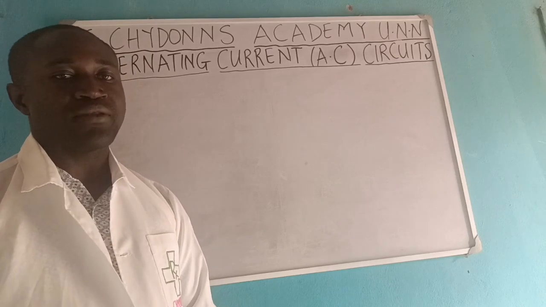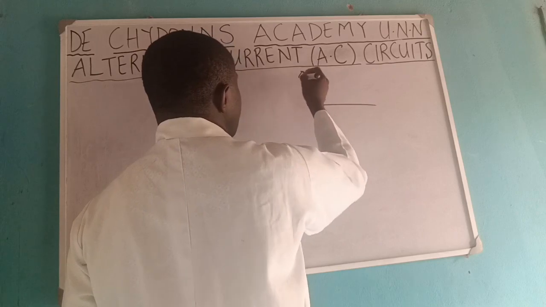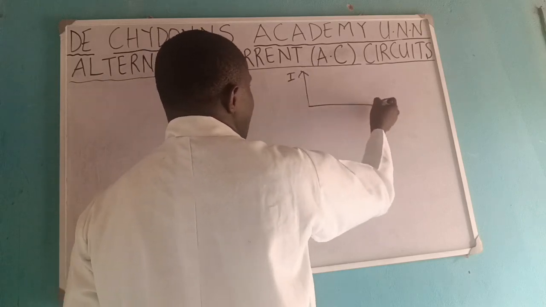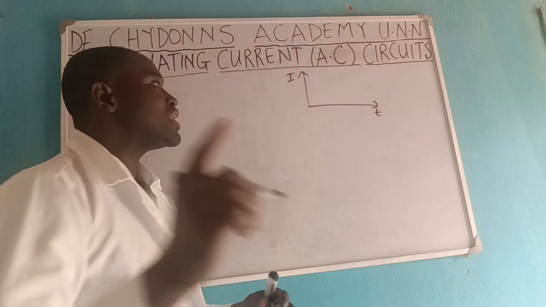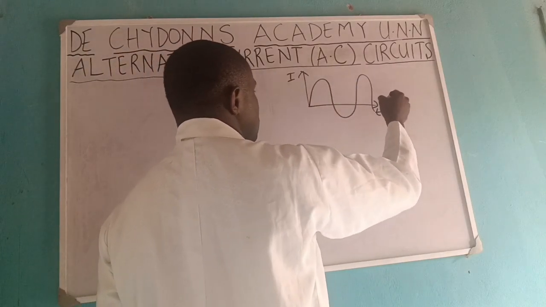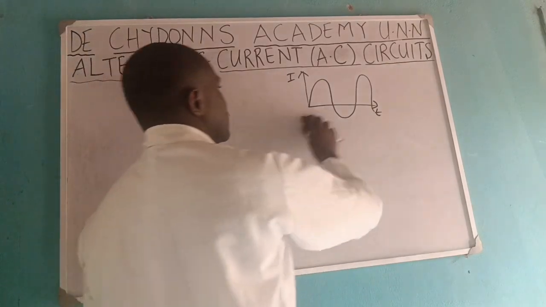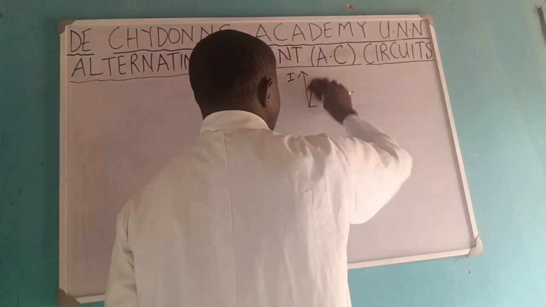Look at what we mean. In alternating current circuits, if you have a graph of current against time, the direction of the current will be like this. It will move in a sinusoidal pattern. Let's draw it well.